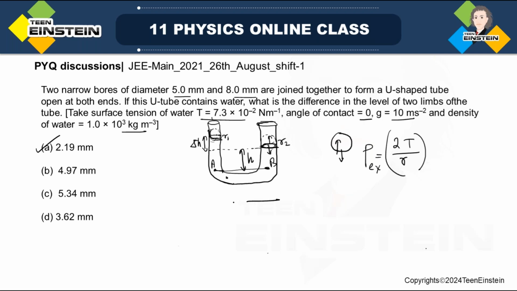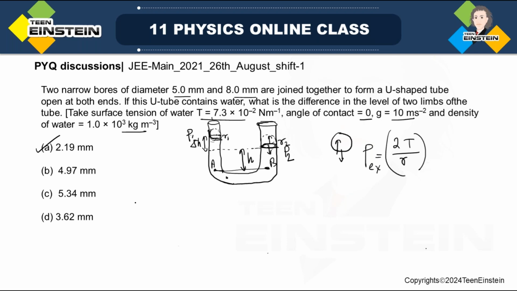If there was no capillary rise, the pressure should be the same, that is atmospheric pressure on both arms. But here these tubes are very narrow, so there will be capillary rise because of this excess pressure. Let us say this is pressure P1 here, and here it is P2.